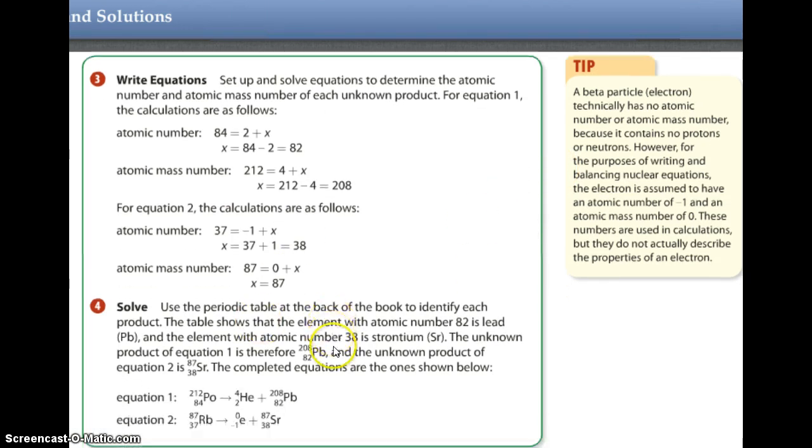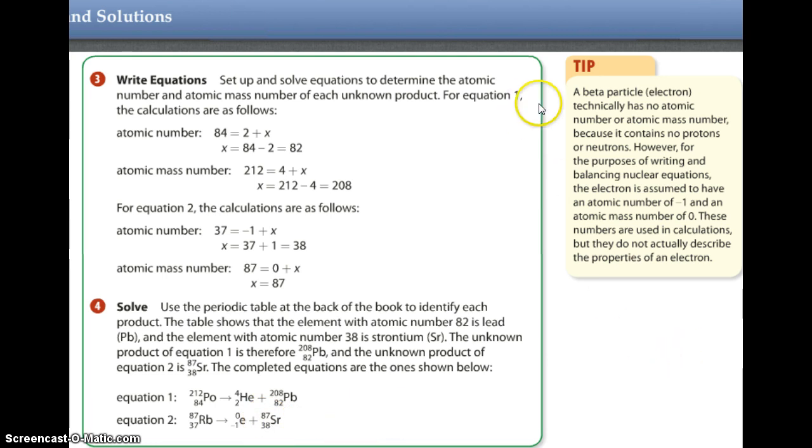And do the algebra, and you should end up with 208, 82, and lead. So you look for number 82 on the periodic table, and you find out that it's lead. The second one, you look for number 38 on the periodic table, Sr, and you find that the mass number is 87. If you have questions on any of this, please see me, and I will go over some more with you.